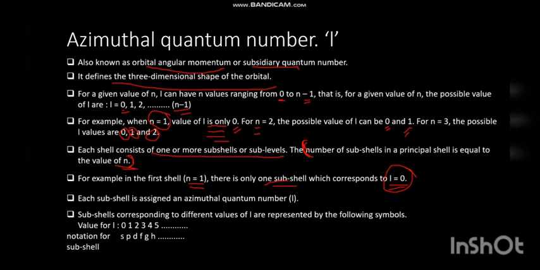Each subshell is assigned an azimuthal quantum number denoted by l. Subshells corresponding to different values of l are represented by the following symbols. The value l equal to 0 is s, so the subshell notation will be s. For l equal to 1, the subshell notation will be p, and so on.